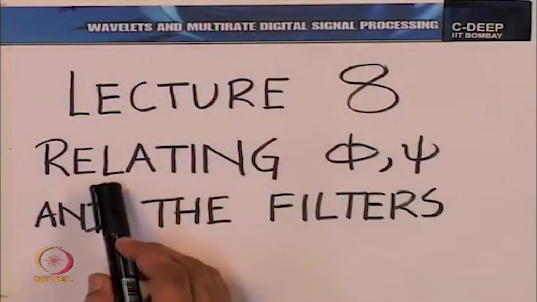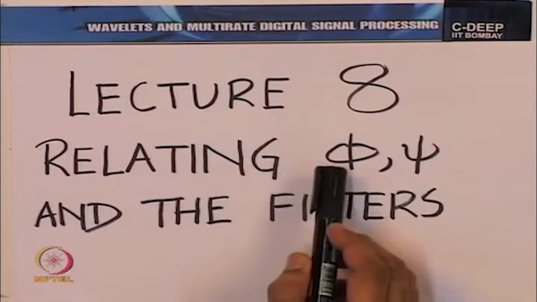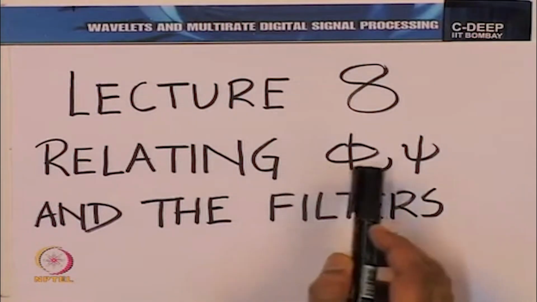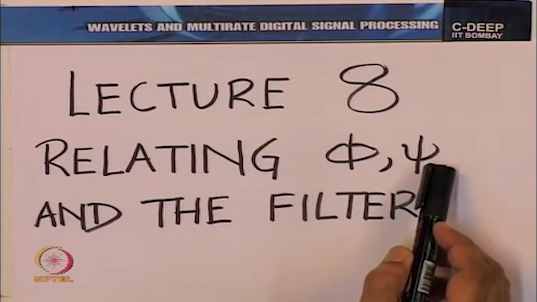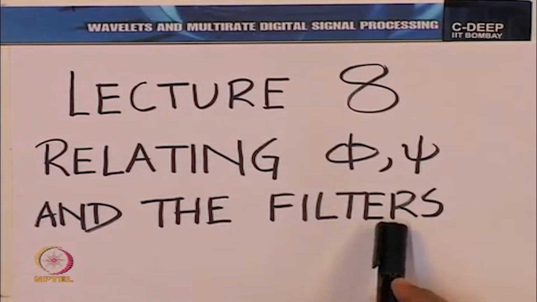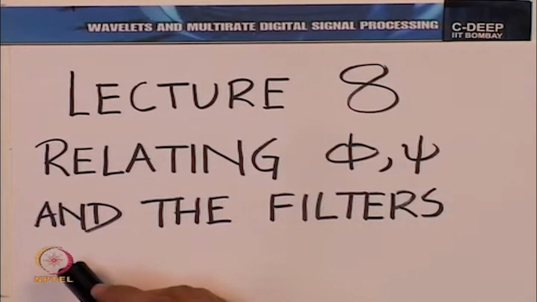We intend today to relate the scaling function phi, the wavelet psi and the filters that we talked about in the filter banks, namely the analysis and the synthesis filter banks.